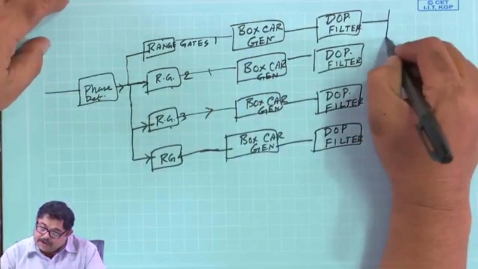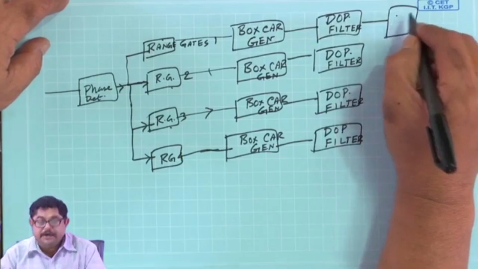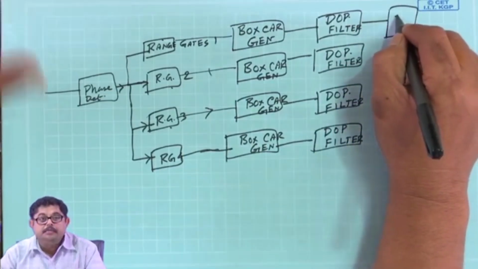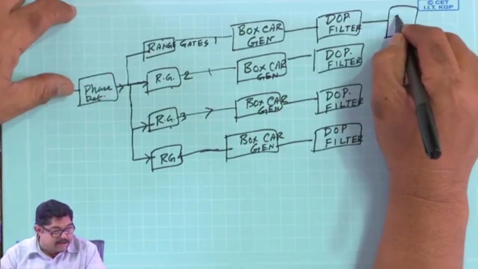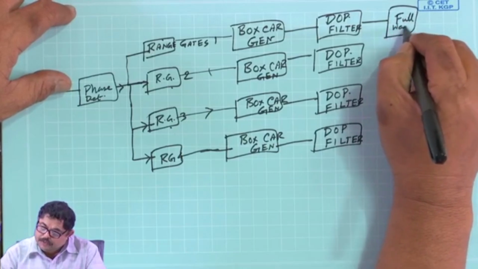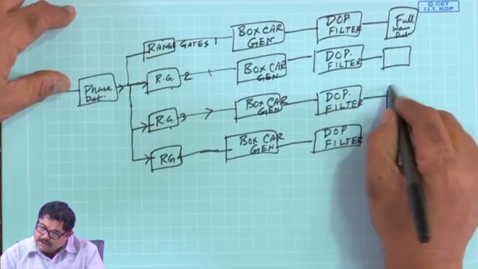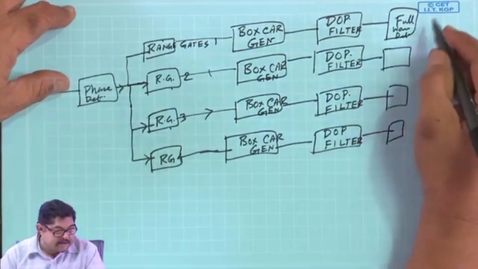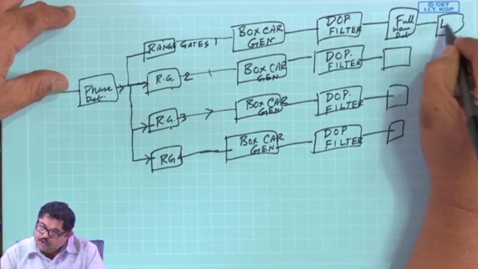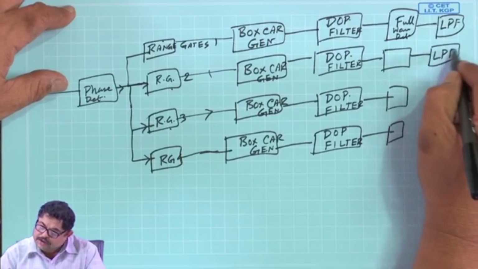After the Doppler filter you have the full wave detector. Basically this is making bipolar into unipolar. The same thing is in every path. Then after that we have a low pass filter, LPF, because you have detected, so you need to smoothen it.